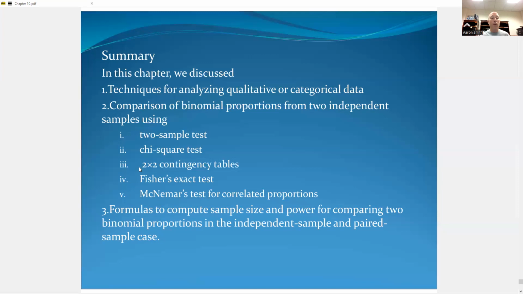Fisher's exact test says, if I moved around the points so that I still had the same row sums and the same column sums, the same number of observations in each row and each column, would I get something that's very different from what I observe? And then McNemar's test looks at a correlation aspect. With the 2x2 tables, it will be looking at the diagonal versus off-diagonal entries.